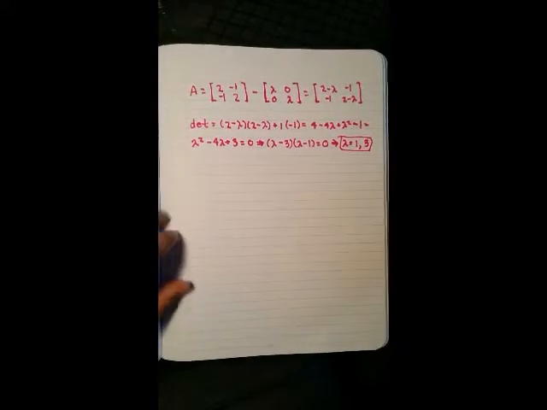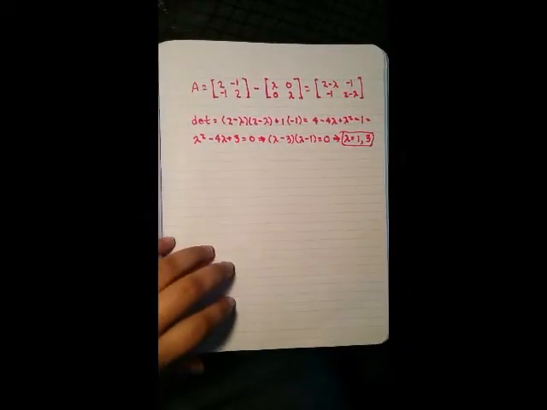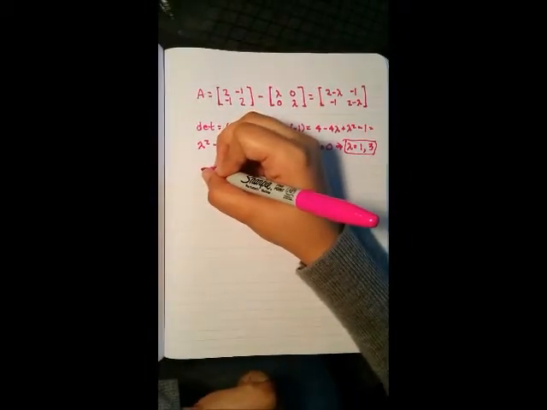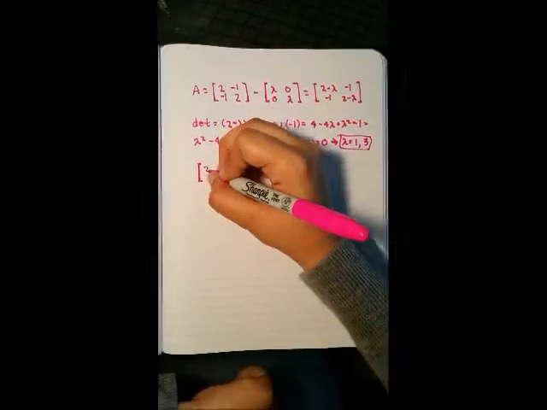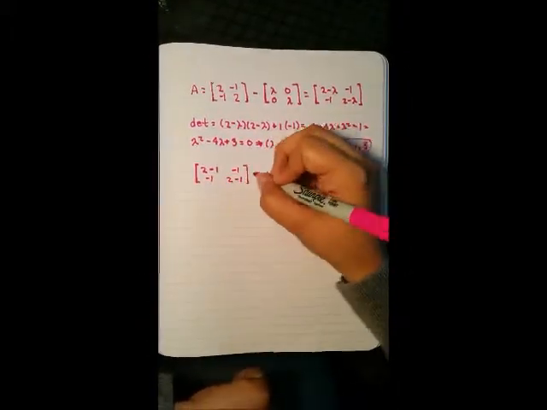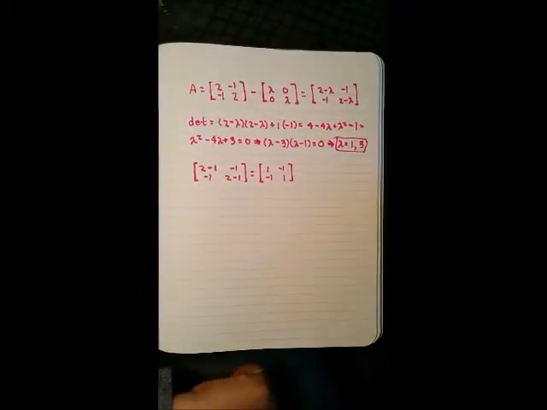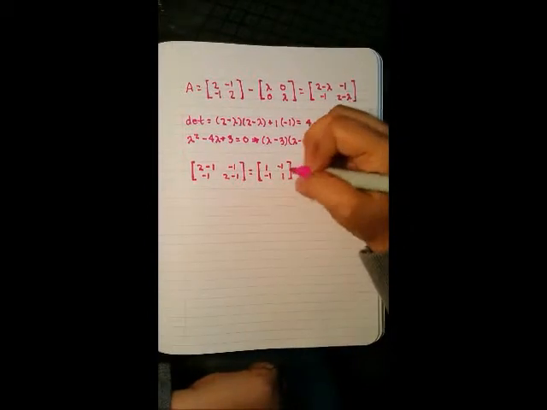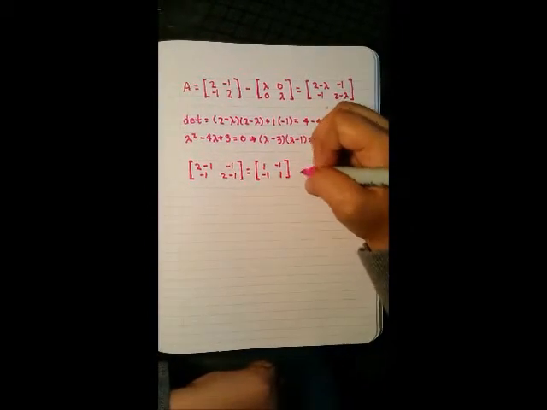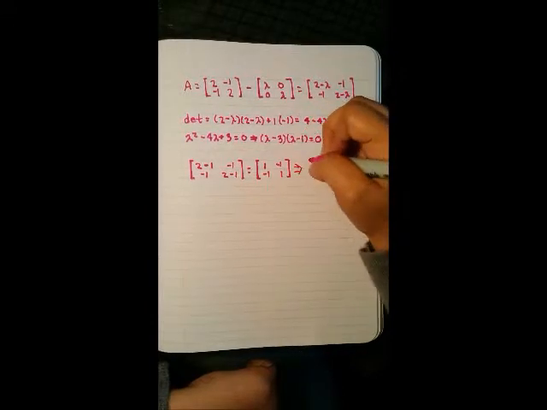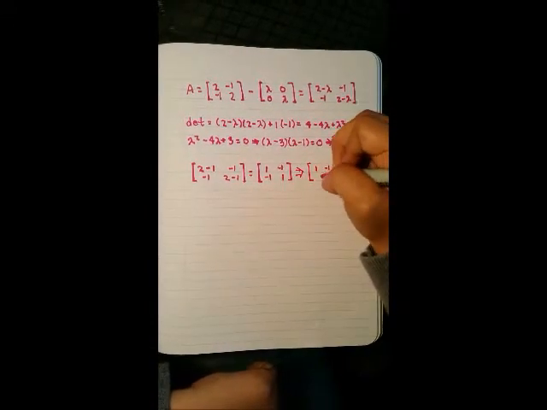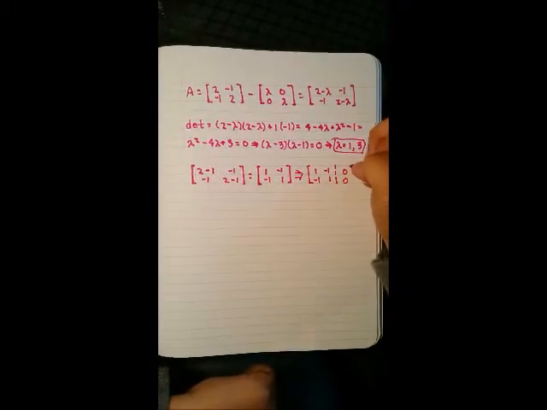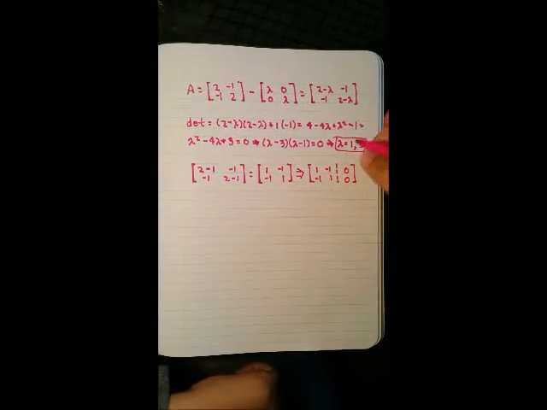Once you have your eigenvalues, you can then start to solve for your eigenvector by plugging your eigenvalues back into your A minus lambda I. Now, in order to solve for your eigenvectors, you are going to augment your matrix with the 0 vector as such, and reduce your matrix to echelon form.